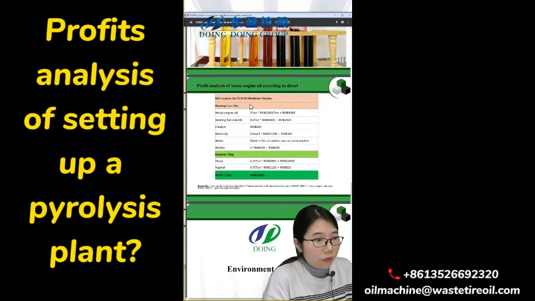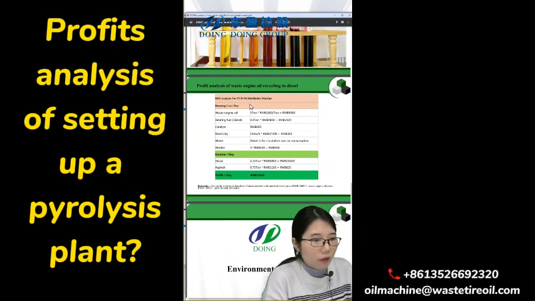For electricity, it is 50 kilowatts per hour, which will cost you 300 Chinese yuan. Water is for circulation. 3 workers will be 300 Chinese yuan.